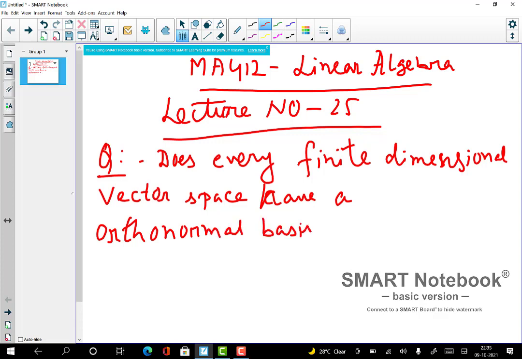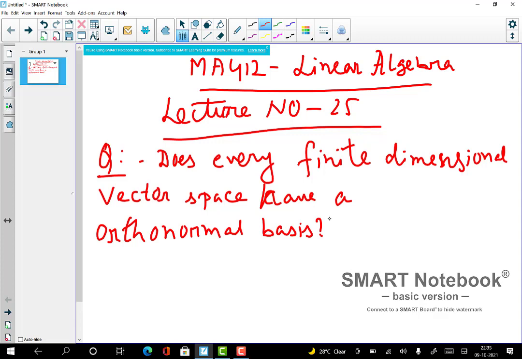Obviously we know that every finite dimensional vector space has a basis, rather it is true for every vector space. Okay, but whether it is orthonormal or not, I don't know, right? This is another question to ask.